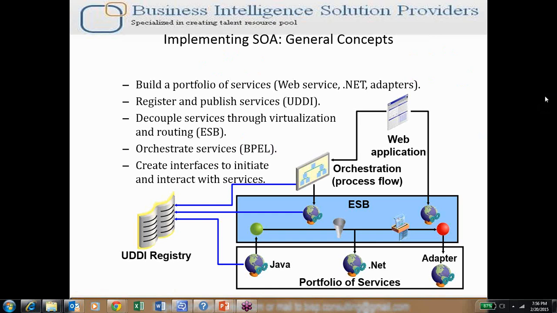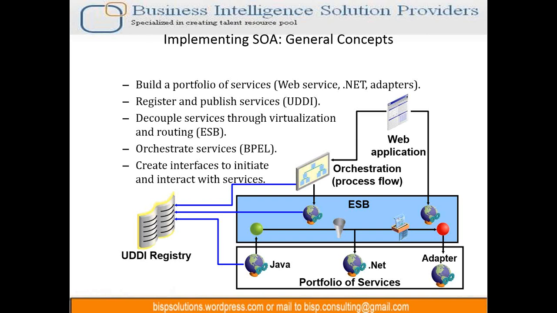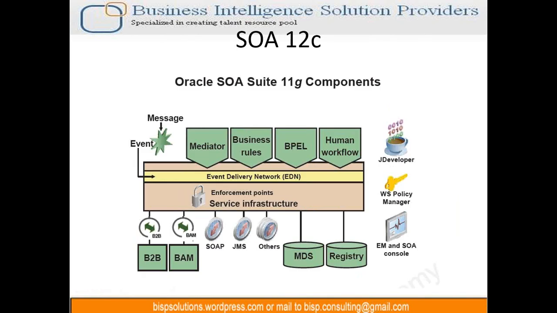So these are very general concepts of how a project is implemented in the SOA environment. Let's take a little bit of a look at what tools are there in 12C. Though this architecture is a little bit changed, and we will discuss in our classes what is changed from 11g to 12c, the components are still the same. The first component is mediators.